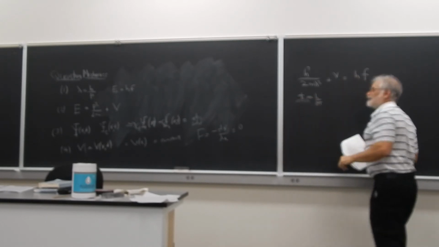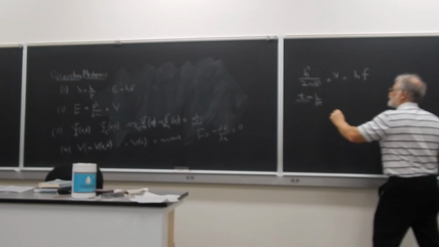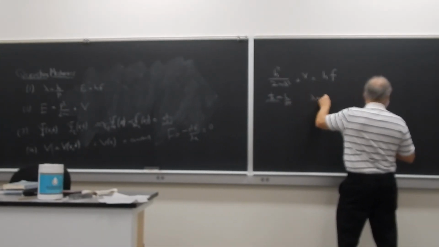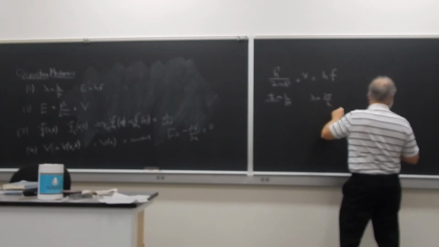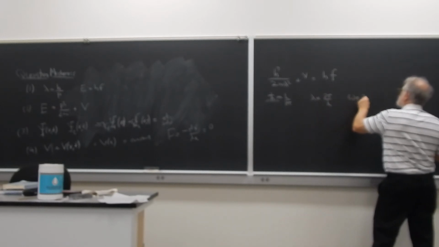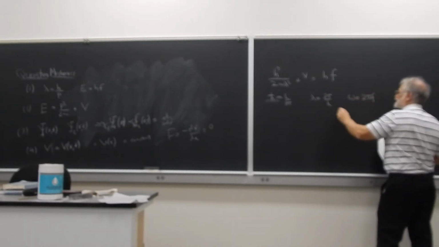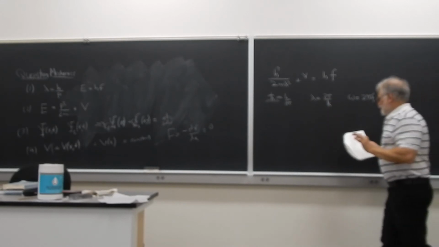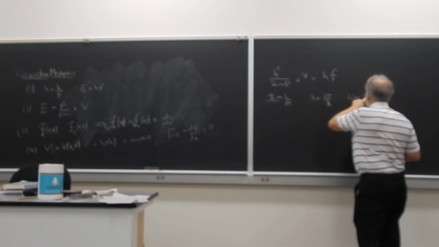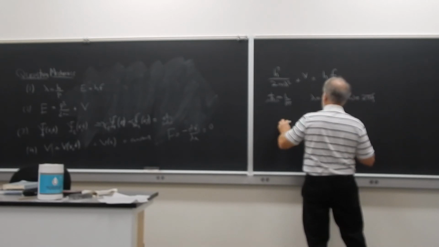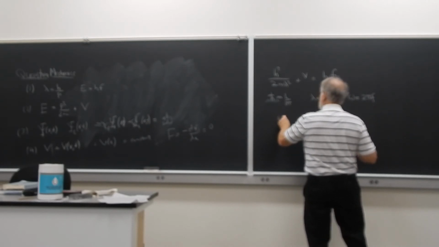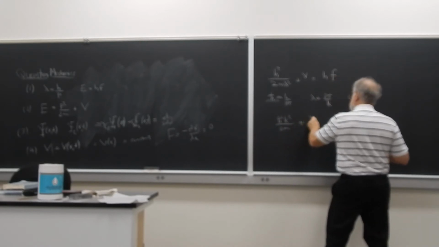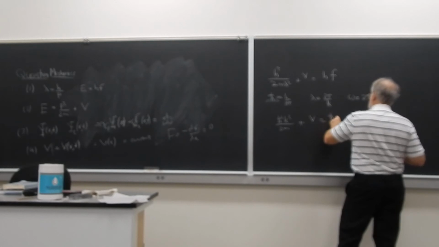That's a very familiar notation that we use in physics. Lambda, I'm going to write as 2 pi over k, and I'm going to write omega as 2 pi times the frequency. K is, of course, the wave number. And instead of lambdas and f's, I'm going to use k's and omegas. And my energy equation looks like this: h bar squared k squared over 2m plus V is equal to h bar omega.